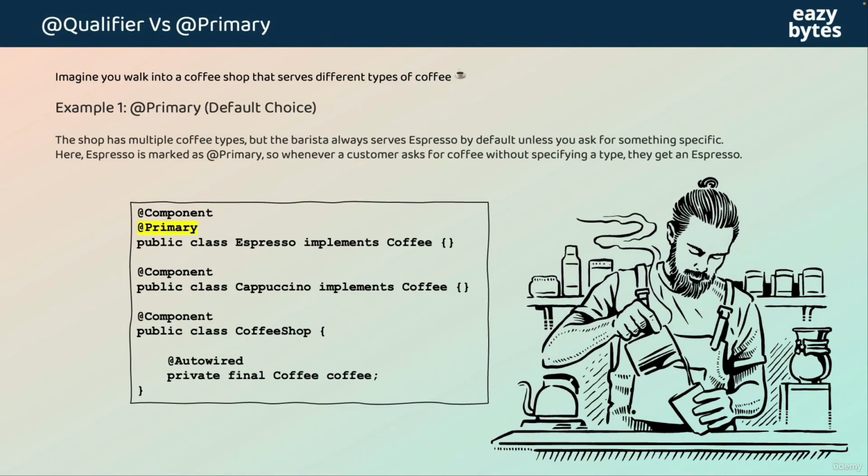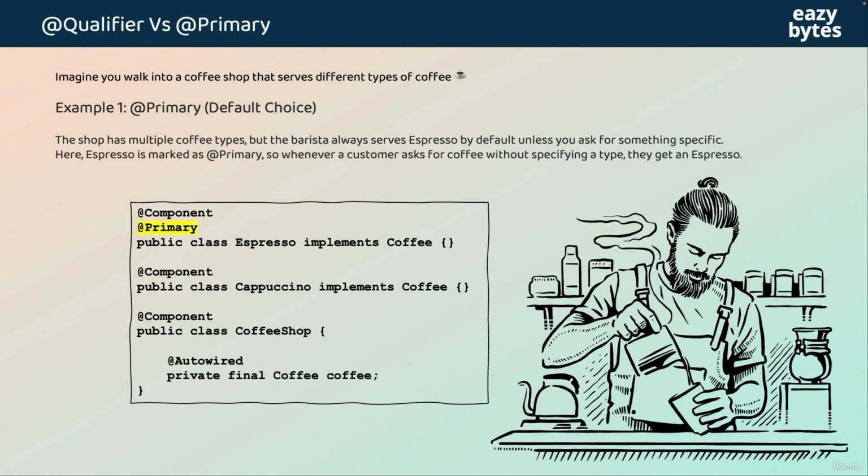In the next two slides, I have mentioned the coffee example that we have discussed. Here, I also tried to give some real-life analogy. Think of the Primary annotation as a default choice. If you go to any coffee shop and you just ask them, I need a coffee, most of the time they will give you espresso coffee, assuming that is your default choice.